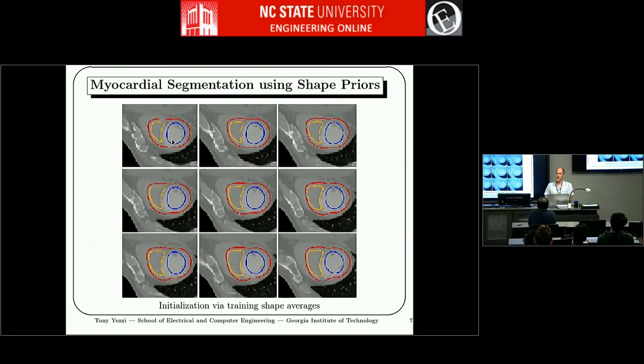Because there's reasonable contrast. Now, it's much more challenging to segment out the right ventricle. These are CT images. So typically, these are contrast-enhanced CT images, and when they inject the dye, one of the chambers has good contrast and the other doesn't, right? It depends on how you time the acquisition. So you can segment out one nicely, the other's harder.